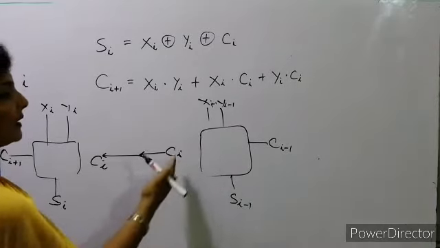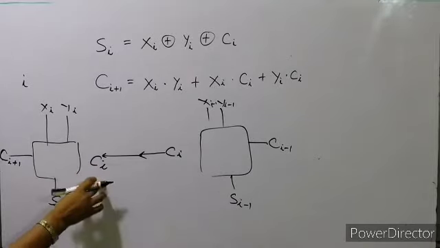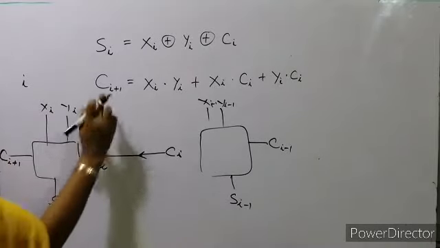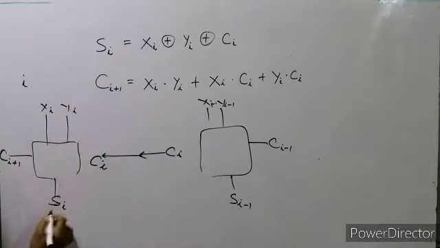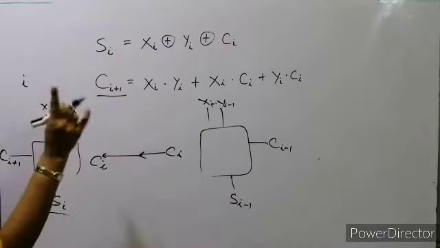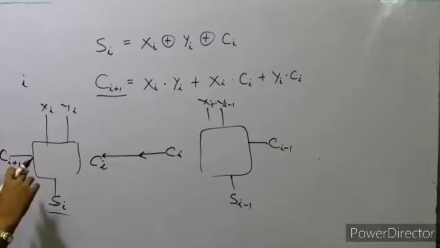Why? Because this will act as the input for the next higher level. Okay, so next higher level xi yi Ci. So we have taken these things, and there will be two outputs, Si we have to find out, and Ci plus 1. Why? Because this will act at the next level, next higher level bit, next higher order bit, this will act as C in, input bit.